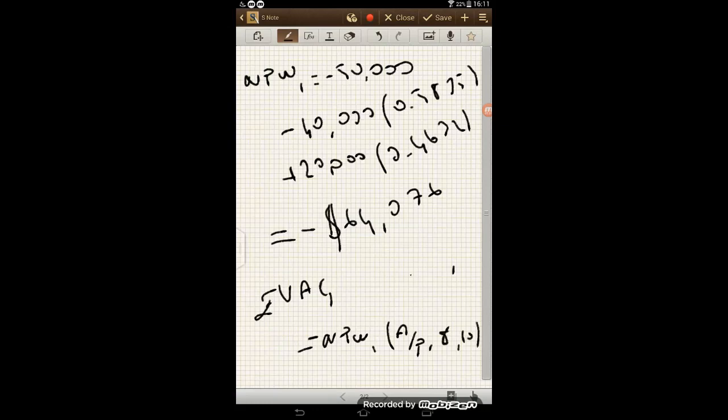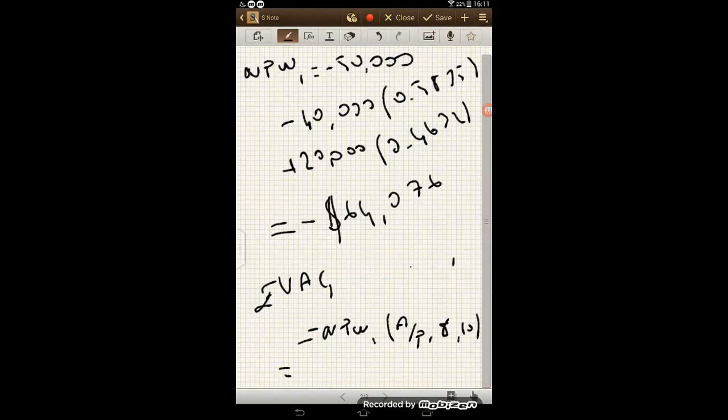The terminal value is 10 years, so it's 64,076 multiplied by A over P for 10 years, 0.1490.